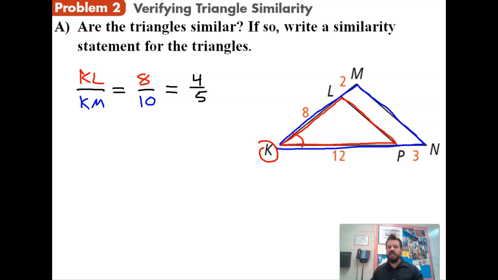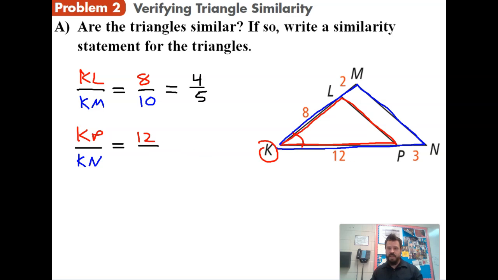And to determine if those sides are proportional, we'll look at the bottom sides of the triangle, KP over KN. And what we'll do is see if we get the same ratio, if it reduces down to the same thing, to see if it's proportional. Okay, KP is 12.